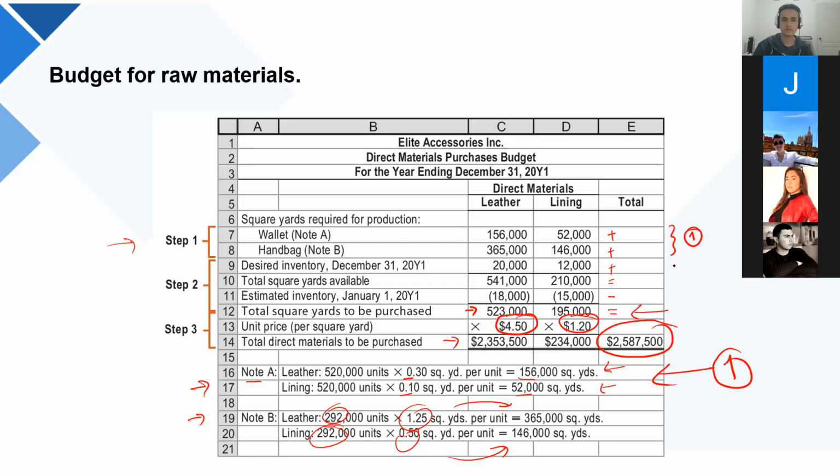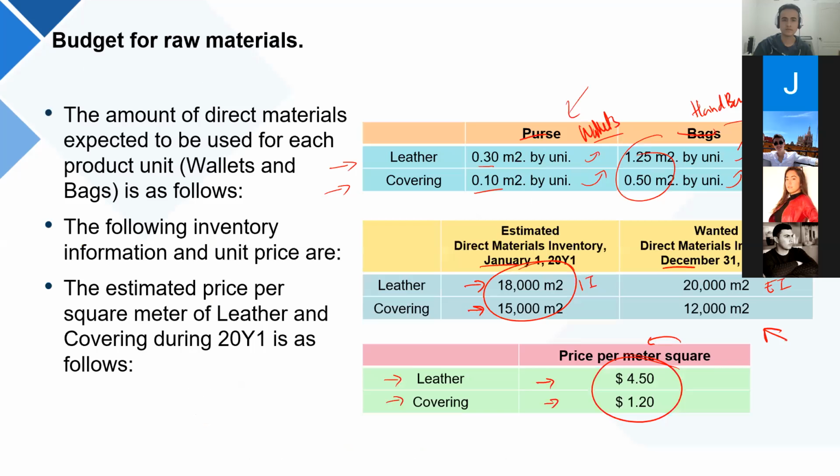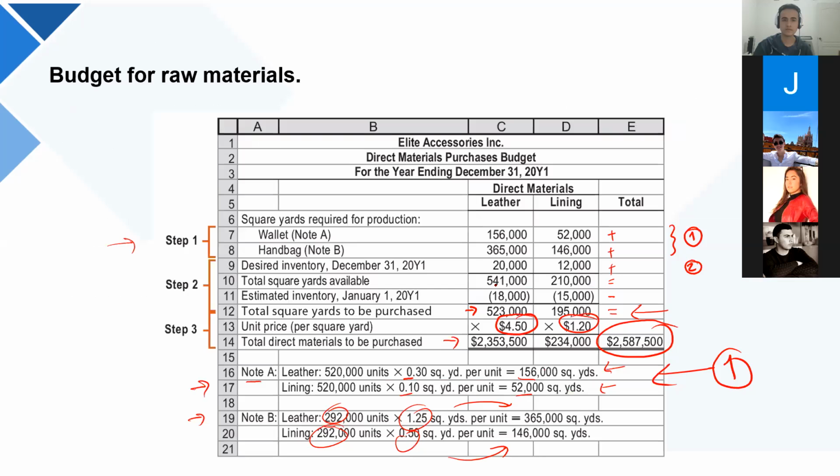Step two, I need to add up the desired inventory. The desired inventory is information I was given, which is here. So I just list it correspondingly, and I have 20,000 and 12,000. So that's here. Quick question: what does desired mean?